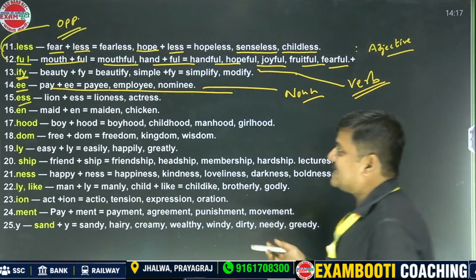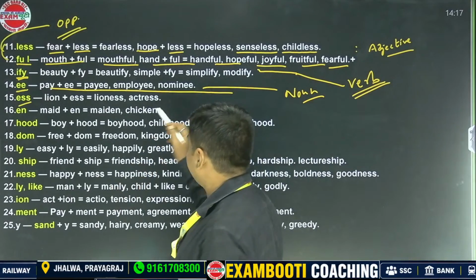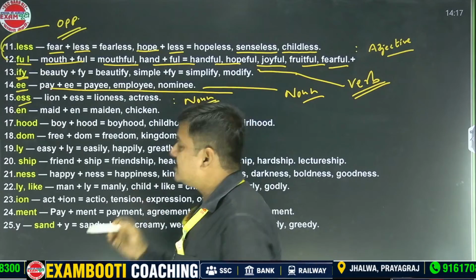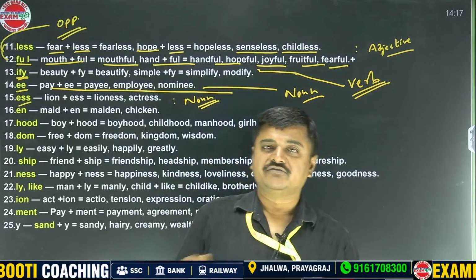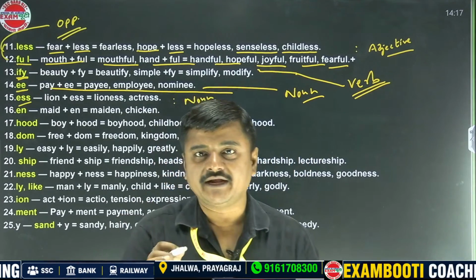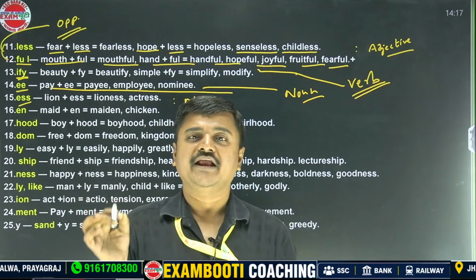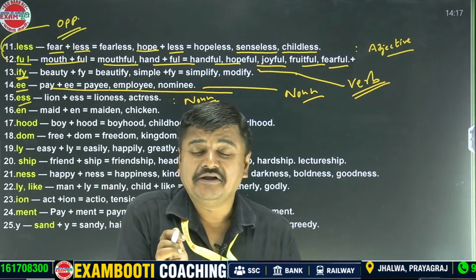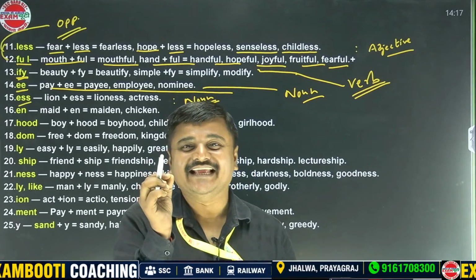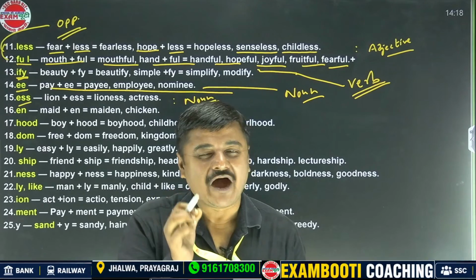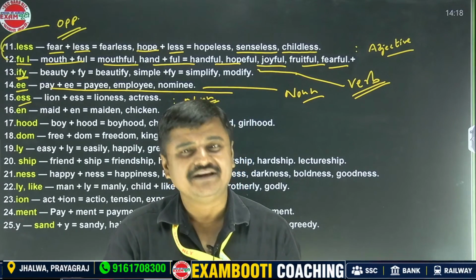So, ESS. Now ESS also creates nouns. All the words in which you find ESS will be nouns. And most importantly, they tell you that these nouns are in feminine gender.